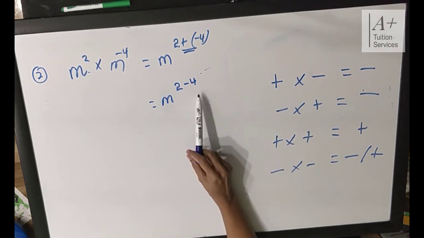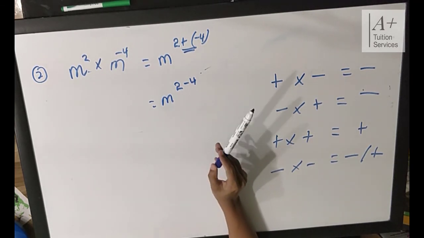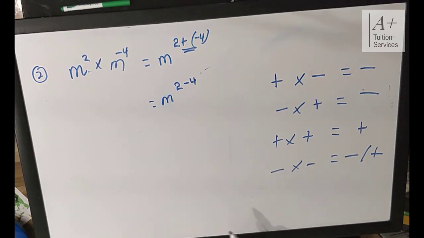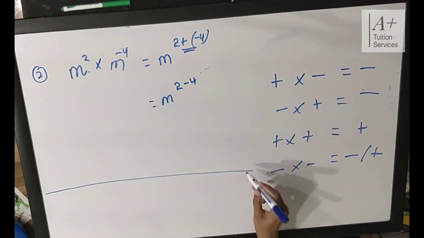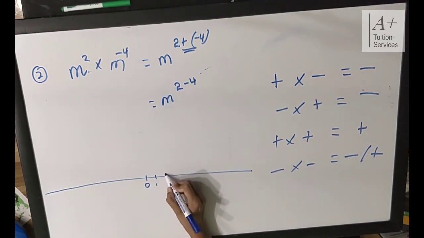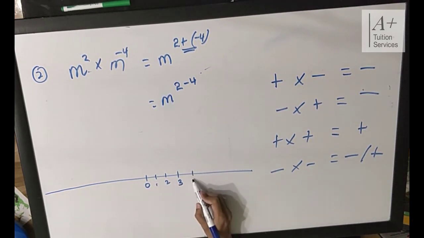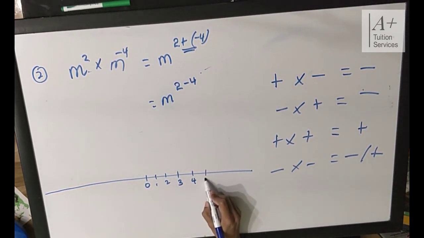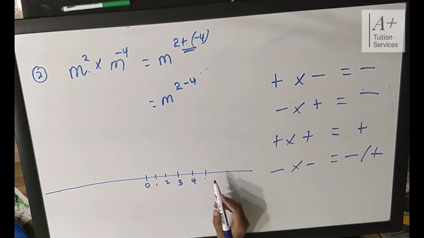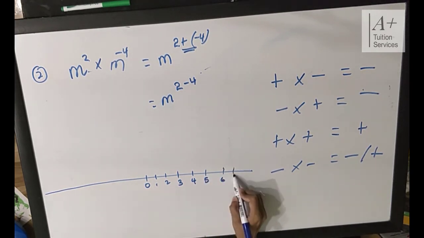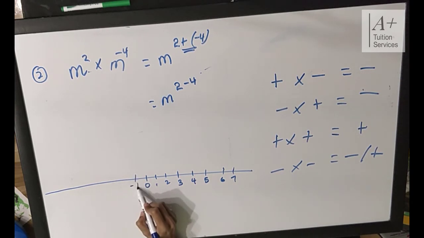So now we're going to get 2 minus 4, and I know some of you are saying, but 2 cannot take away 4. If we draw a number line with positive and negative figures, 2 can minus 4, and if you plug it into a calculator, you'll be able to get it too.